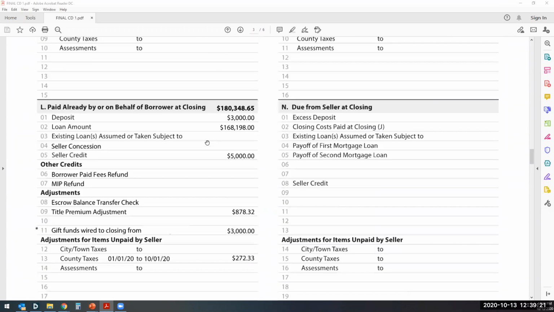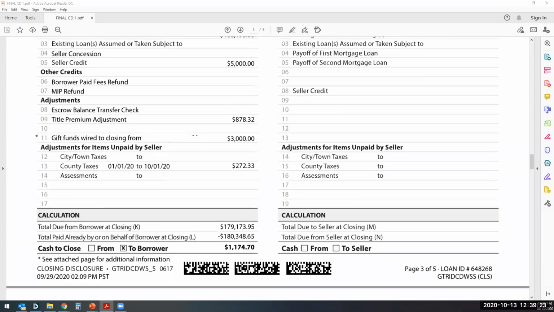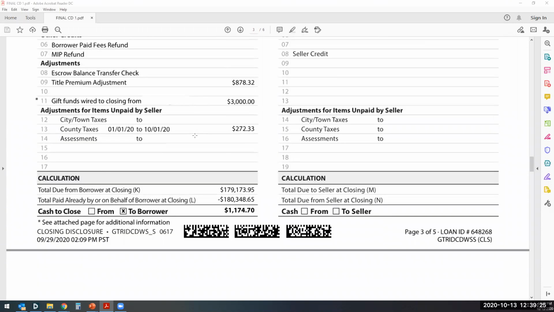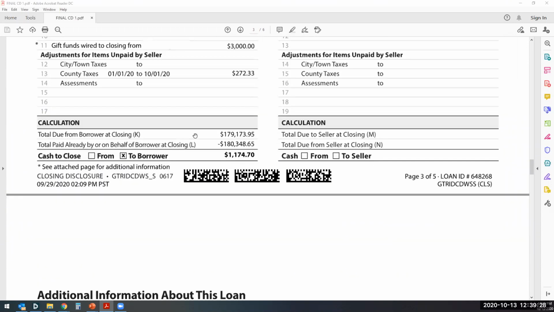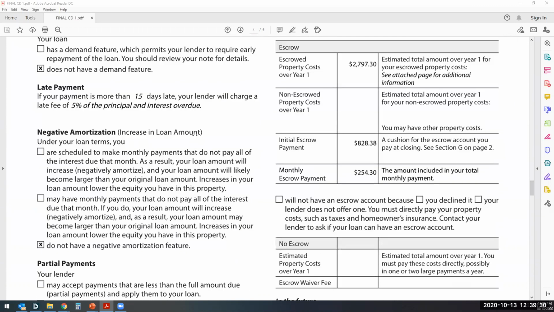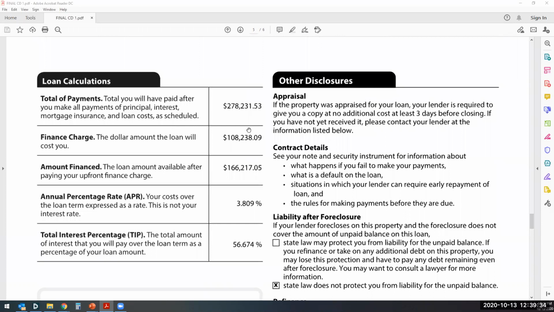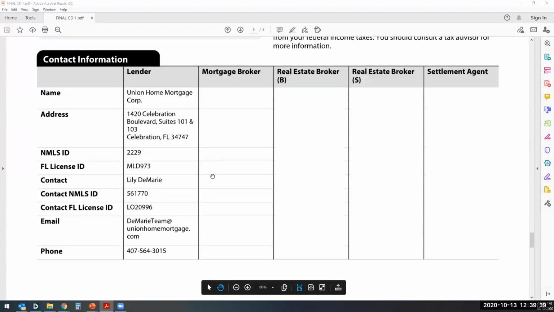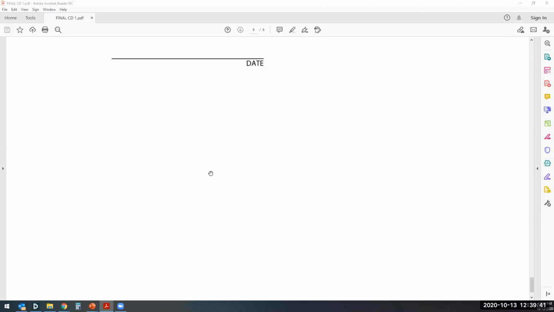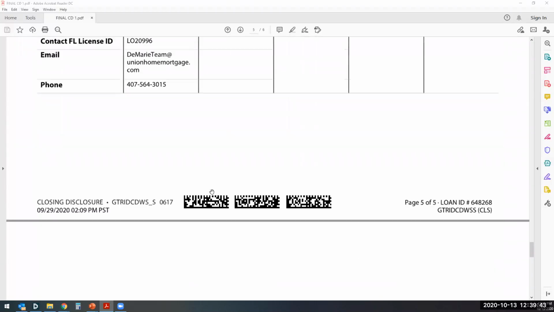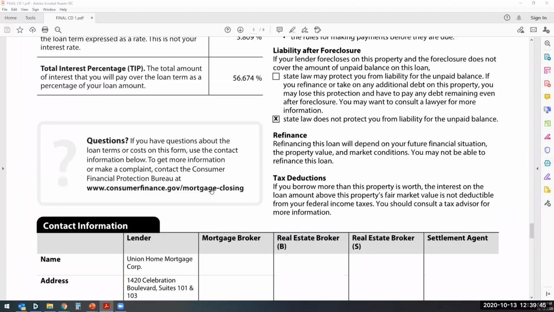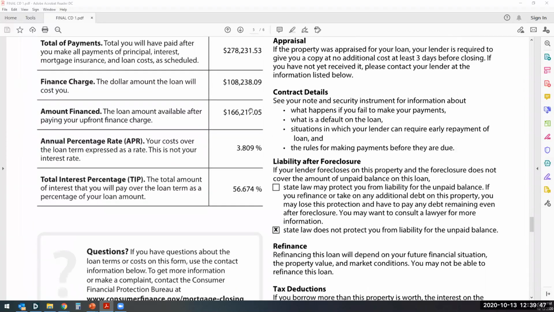Your borrower always has to look at the interest rate if they want to know what the monthly payment is going to be, and the APR if they want to know how much the loan is going to cost them. The APR, you're going to see it on the very last page, page number 5. You're going to see it right here, the annual percentage rate. I know some clients ask about it, it is right here.